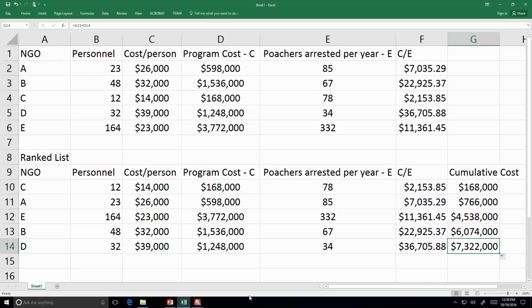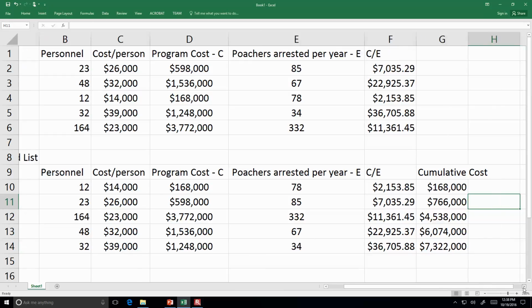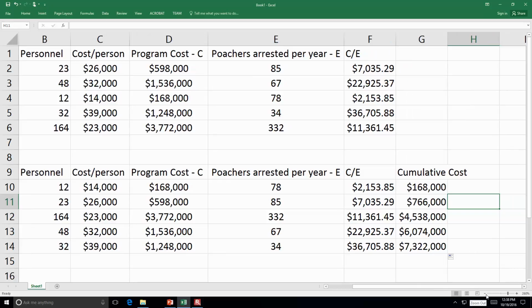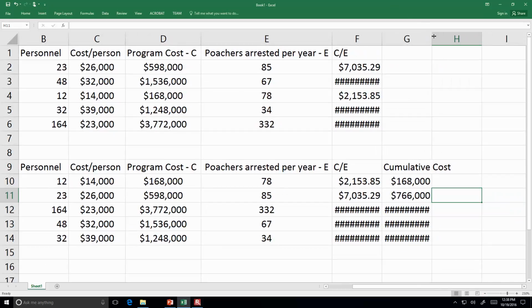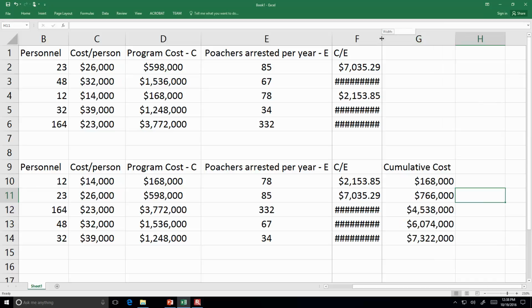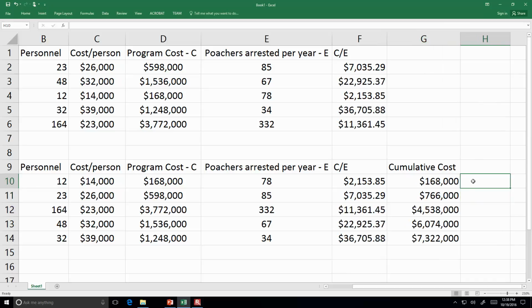But in the example, we have a $5 million limit, and it says no partial funding. And so who would we fund? Well, we would have to say yes to the first couple and then no to the others. So these guys would be a yes, yes, yes. But we can't fund these guys because the cumulative cost exceeds the budget.